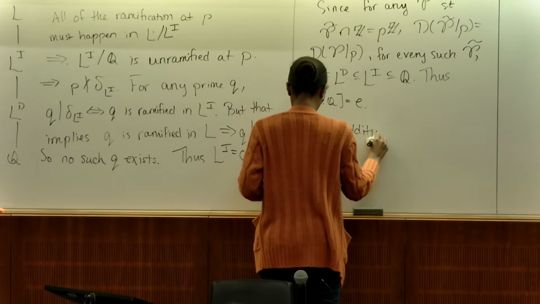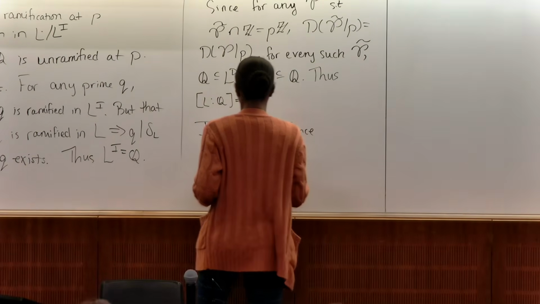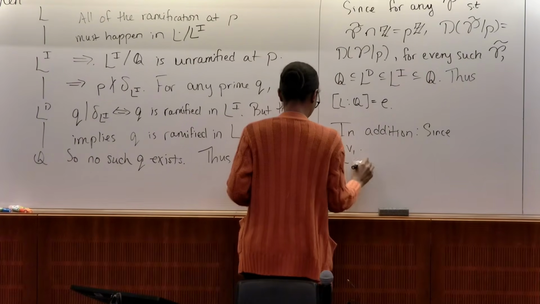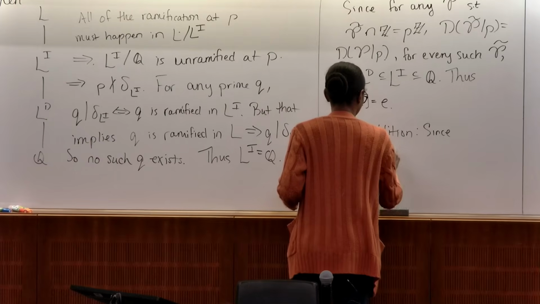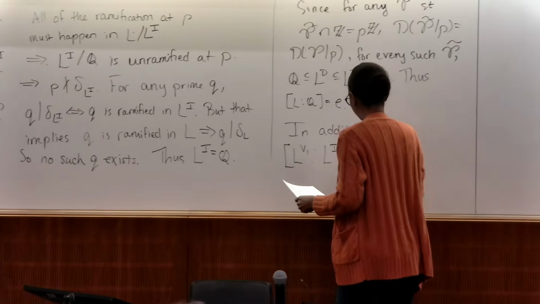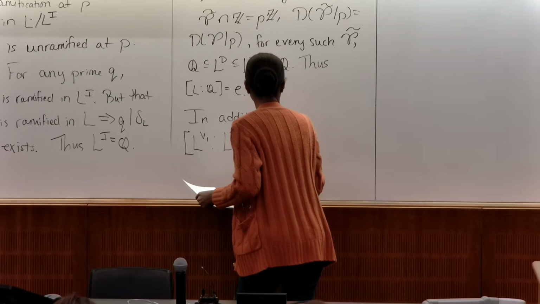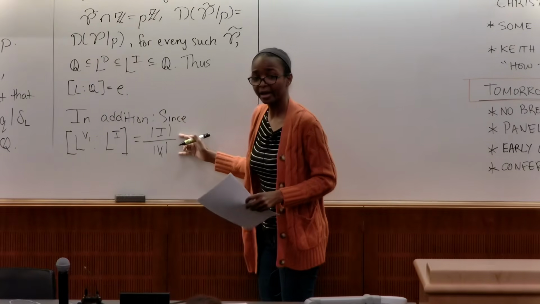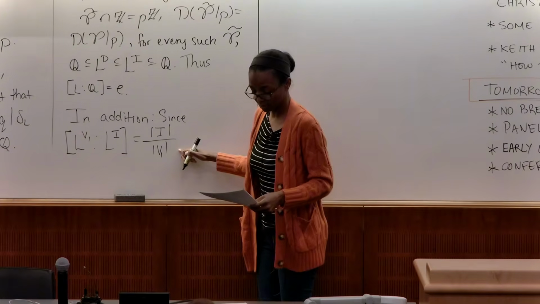In addition, since the degree of the field fixed by the first ramification group that we introduced at the end of yesterday's lecture is equal to the index of V1 in I, which, because we're dealing with finite groups, is just the order of I divided by the order of V1.